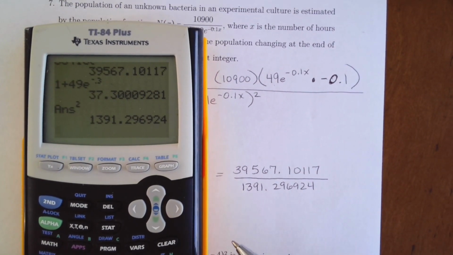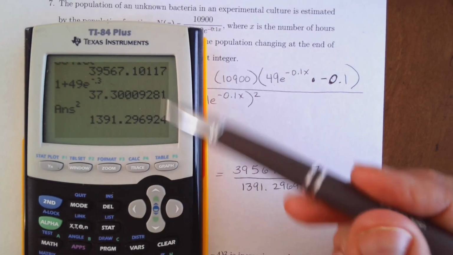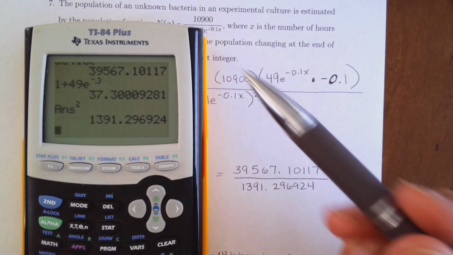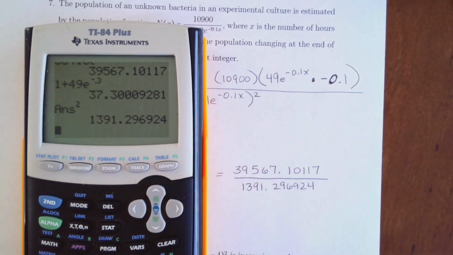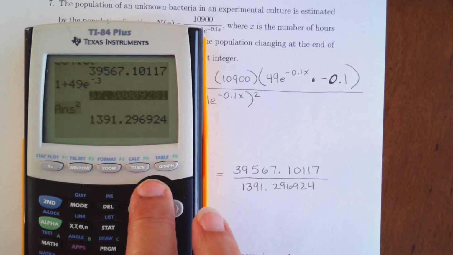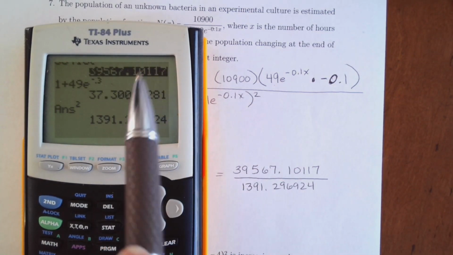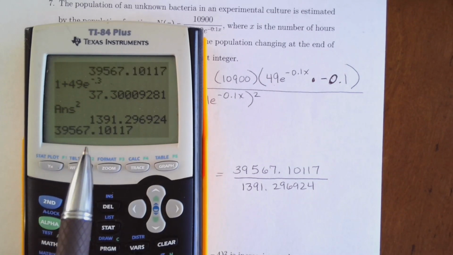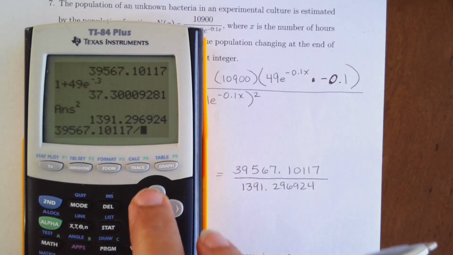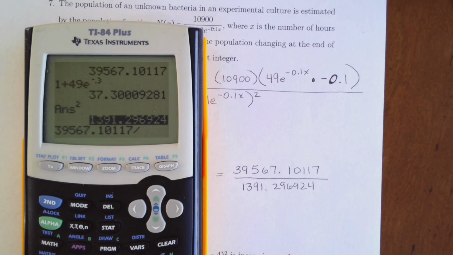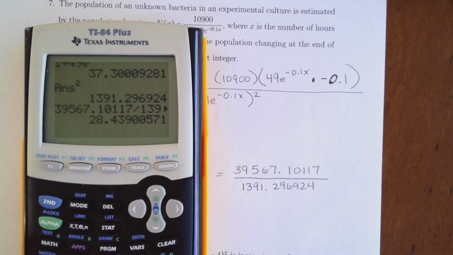They're still in my calculator. So remember, you can just use your up arrows and get the numbers you want. So I want to do this number divided by that number without rounding. So I'm going to go up here, highlight that, hit enter, puts it there, and then divide it by, and then get that number, put it there, enter. So now that is an exact number, and I did not round.